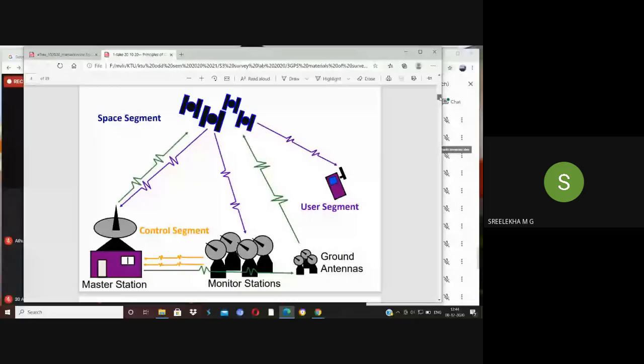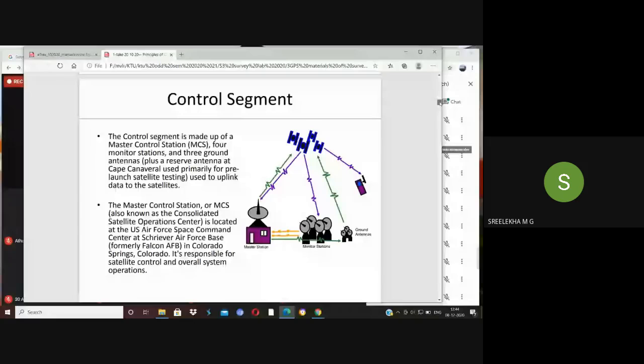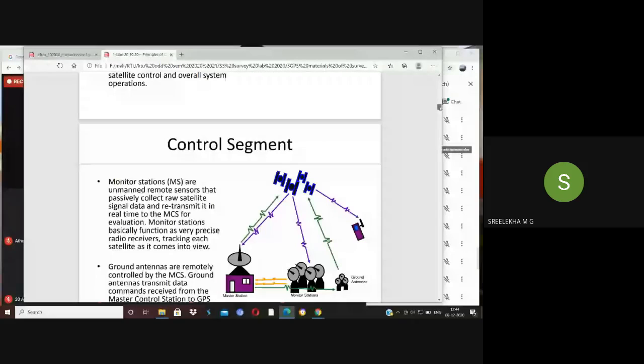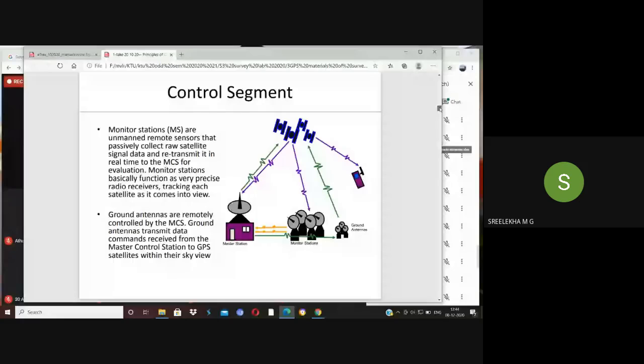And the control segment is pictured here. I need not elaborate on this because it's already covered in your classes. Usually in the control segment, the antennas collect the signals from the satellite and send them to the monitor or master stations, and after corrections or some programming they are sent back to the antennas, and the antennas send these signals back to the satellites.